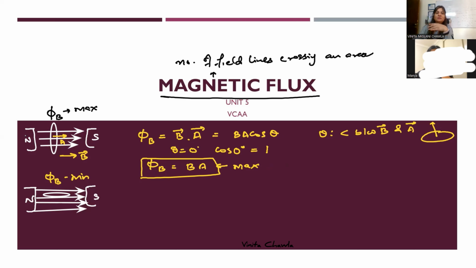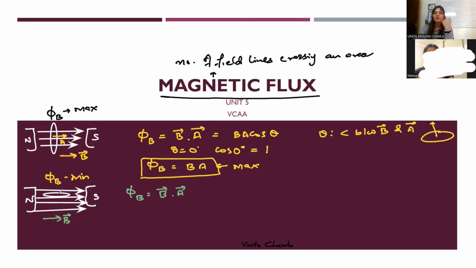But what if we place the coil horizontally like this? Again we will write the same formula, but now what is the angle between vector B and A? The direction of magnetic field intensity is from north to south.